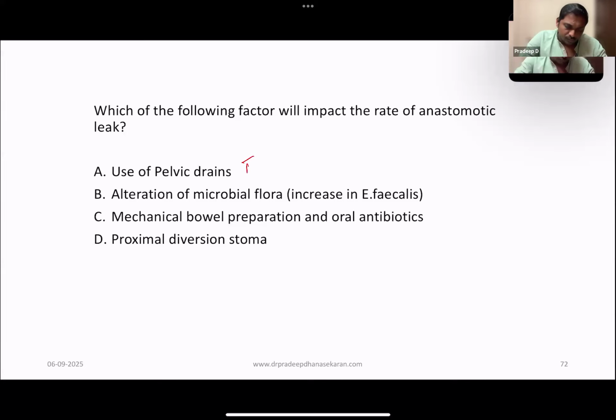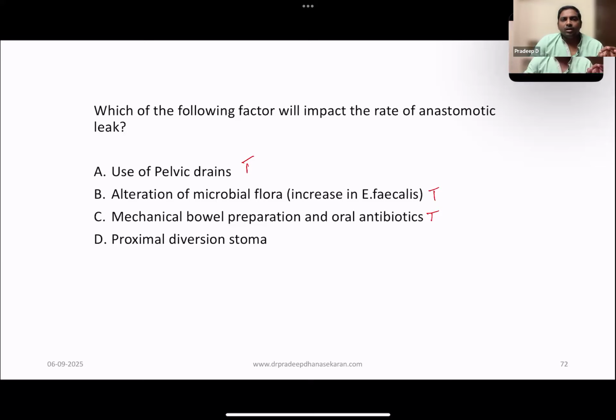That is true. Alteration of microbial flora, increase in Enterococcus faecalis has been seen to have an increased rate of anastomotic leak. So if you give a mechanical bowel preparation with antimicrobial prophylaxis, the anastomotic leak rate has decreased. That is an impact. Mechanical bowel preparation and oral antibiotics have an impact.